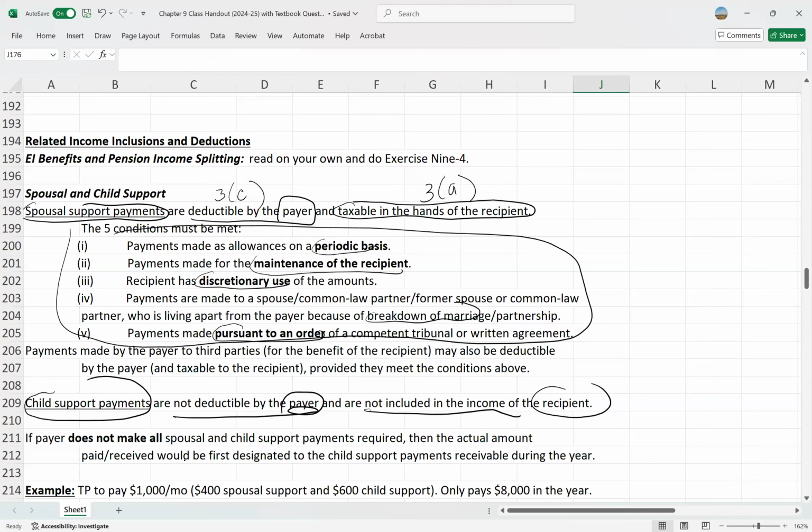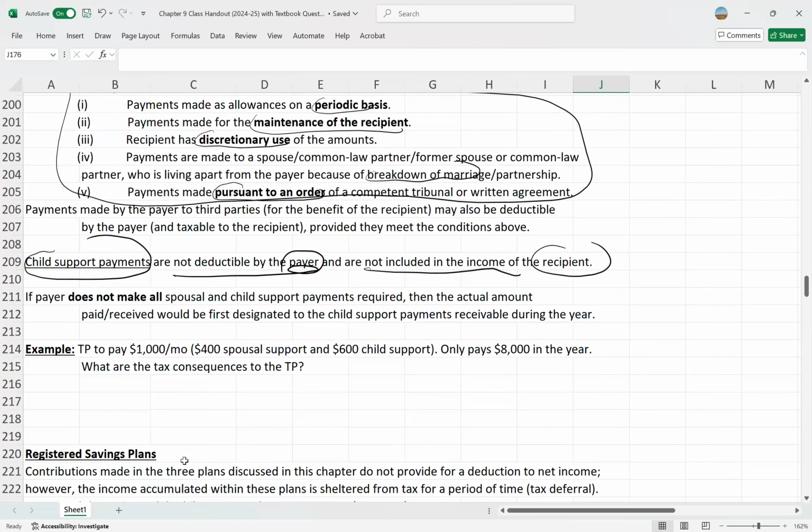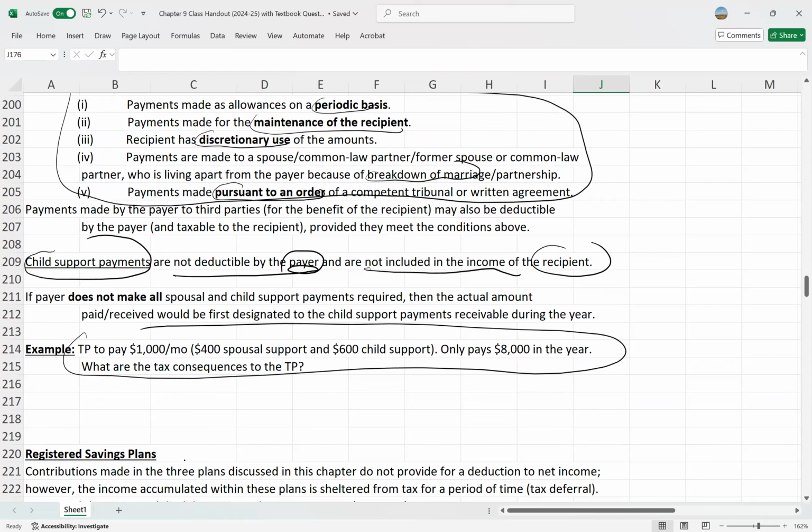Now, there comes a question then, what if the spouse that is making the payments is paying both spousal and child support, but in a particular year, they don't make the full payment? Then what happens? So let's look at this example here. We have this taxpayer.